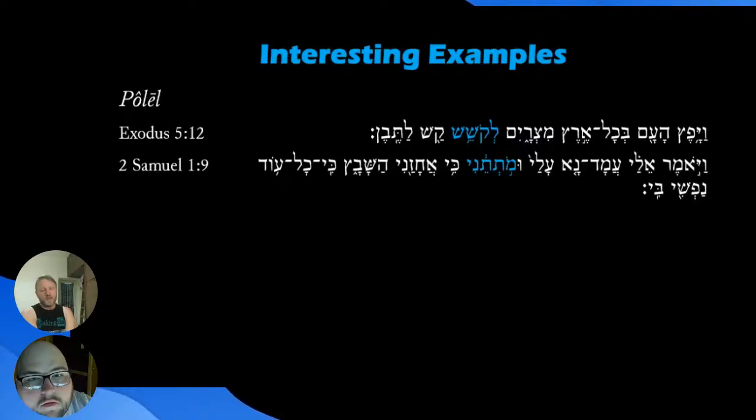2 Samuel 1:9. Vayomer eli, amod na alai, ve'moteni ki achazani ha-shabatz ki kol od nafshi bi.